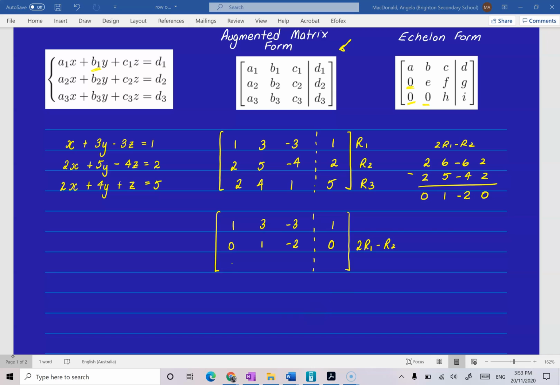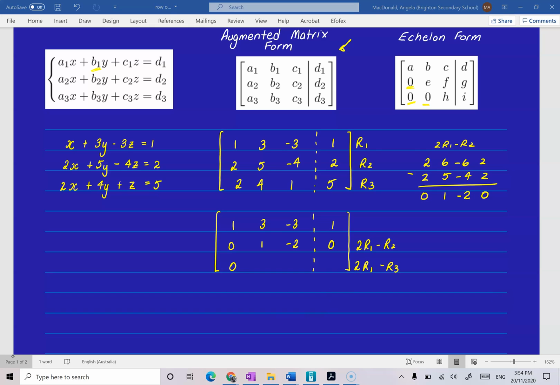All right, now we want to have a 0 here. So we're going to use row 1 again. We're going to say 2 row 1, but this time we're subtracting row 3. My tip is always use row 1, especially when you've got the coefficient there of 1.